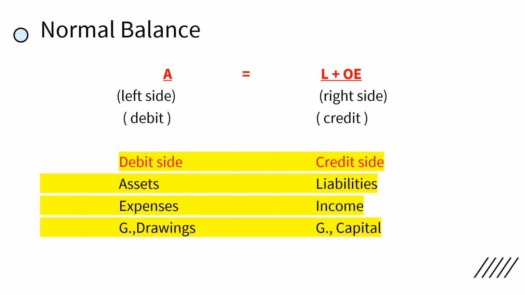So to sum it up, we have here the guide. So on the debit side, normal balances, the assets, expenses, and drawings have an increase side of debit side, while liabilities, income, and capital has a normal balance of credit side, so their increases are recorded on the credit side.